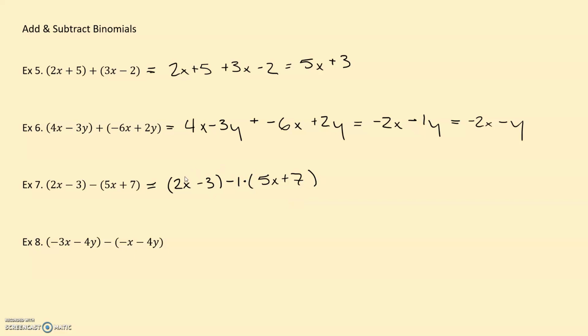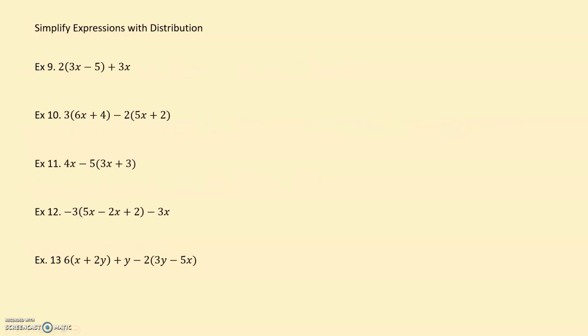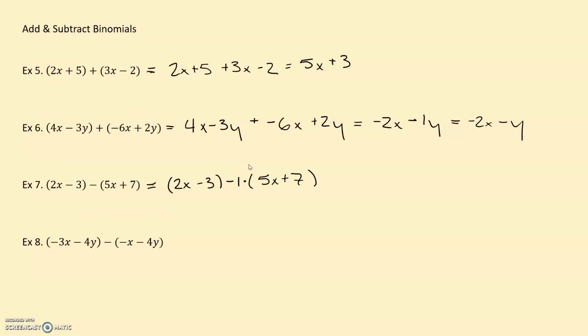It would not distribute this other way because we're subtracting 5x plus 7. So we know this negative belongs over here. So I went ahead and rewrote that as a -1 multiplied by 5x plus 7, and it's going to distribute this way.